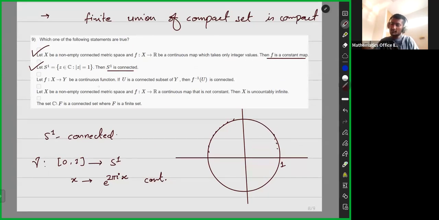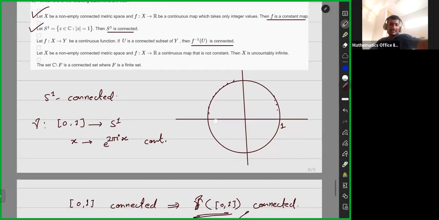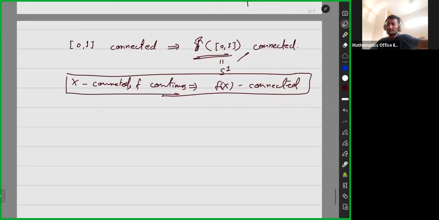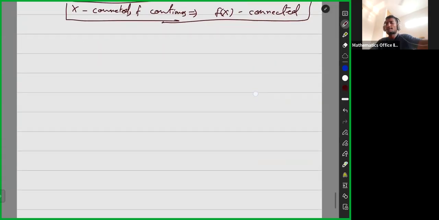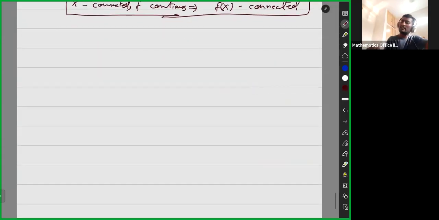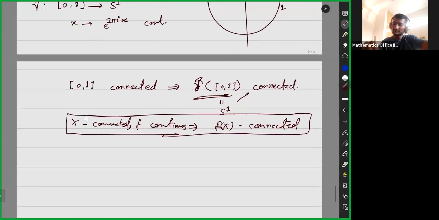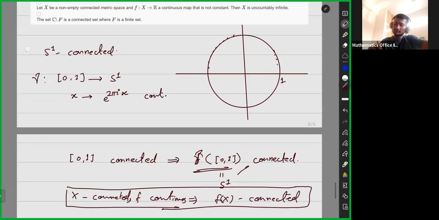f from X to Y is a continuous function. U is a connected subset of Y. Then f inverse of U is also connected. Is this true? Yes, tell me. Need not be. Of course, it is not true. So give me some example in this case.